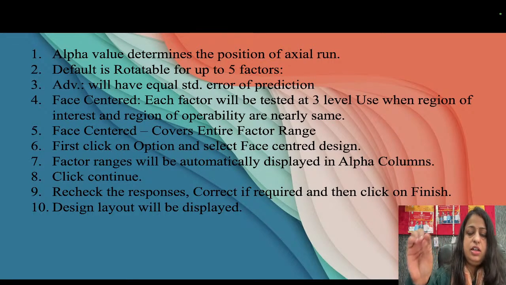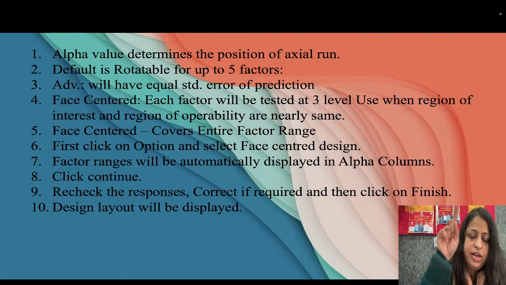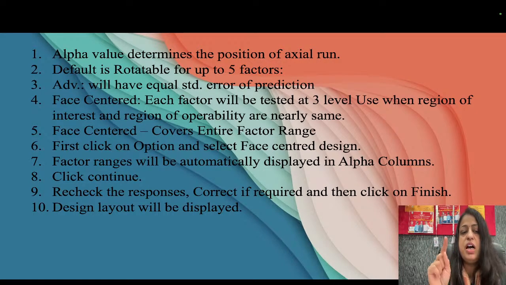After selecting finish, it will give you the design layout, which I told you about just now. On that design layout it will give you the serial number, then the number of trials, then it will show you the value of independent factor 1. In the next column it will show the value of independent factor 2.